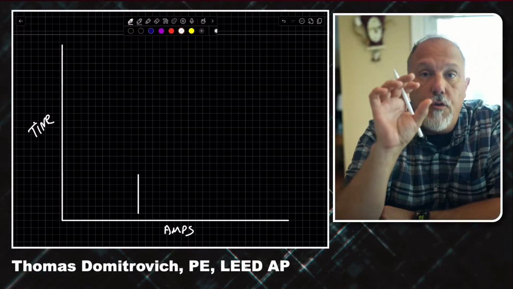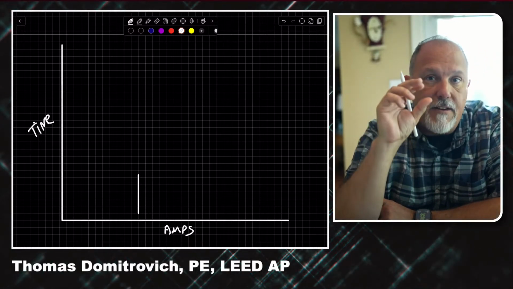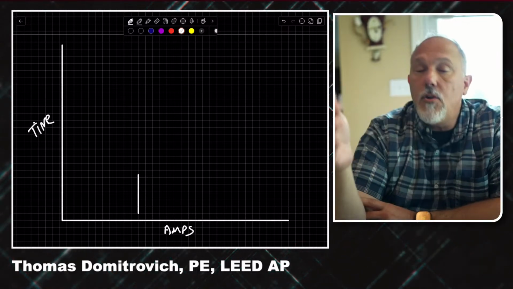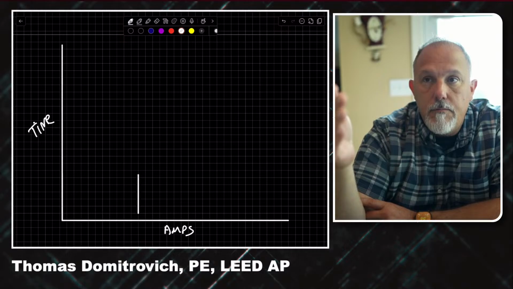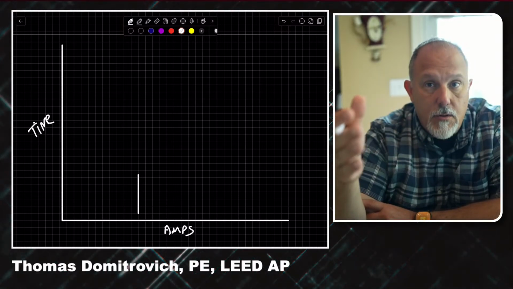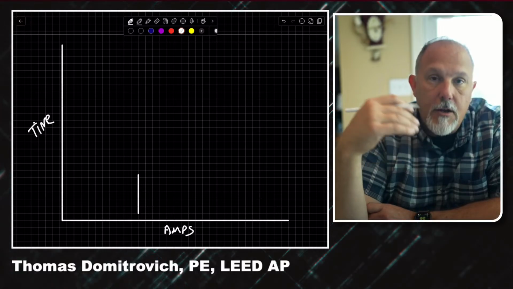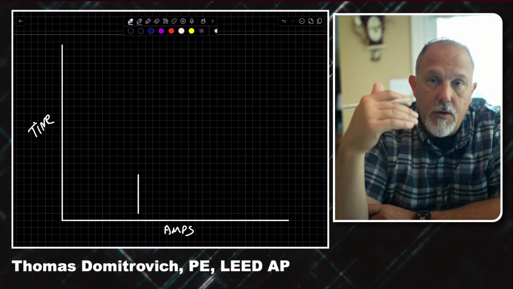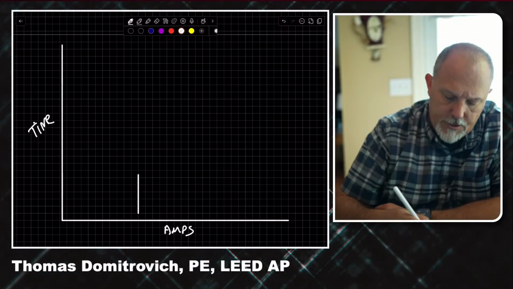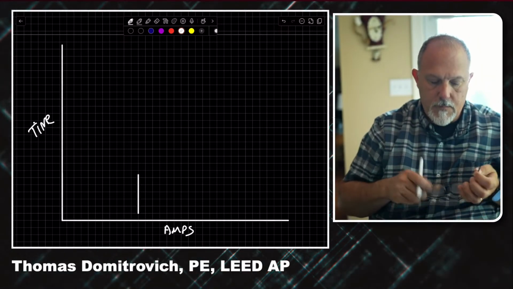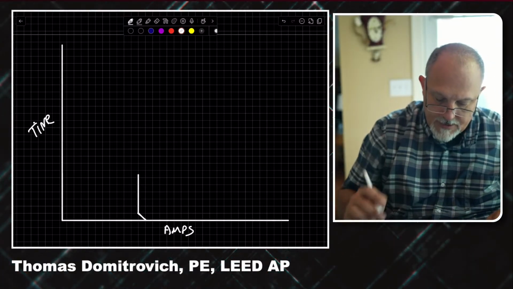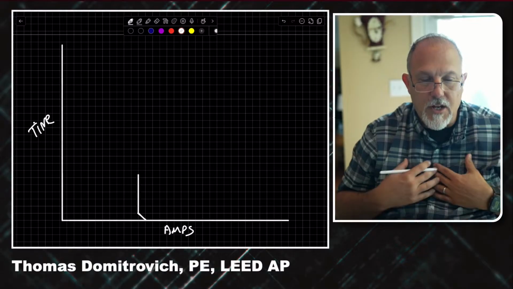Now, when you first start a motor, that first cycle, maybe a little less than a cycle, is asymmetrical. So typically on a motor start curve, we'll draw what I call a foot. It's usually below the 0.01 second line, and it's like that. That's what I call the foot.